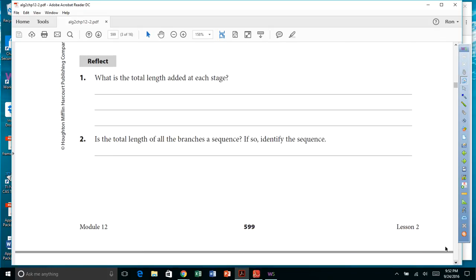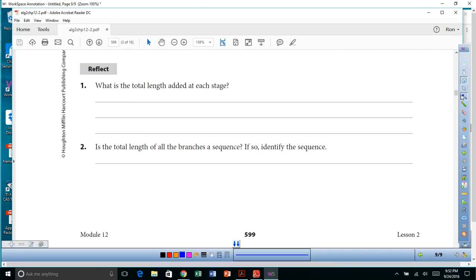Reflect. What is the total length added at each stage? Well, the number of new branches times the length of each branch.